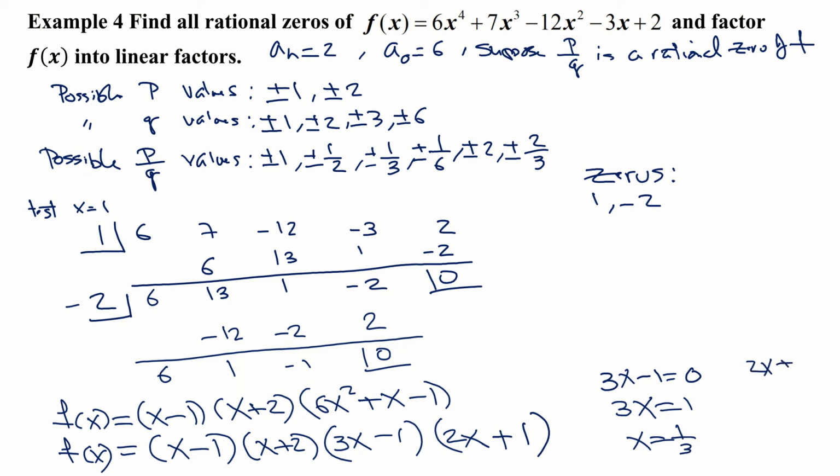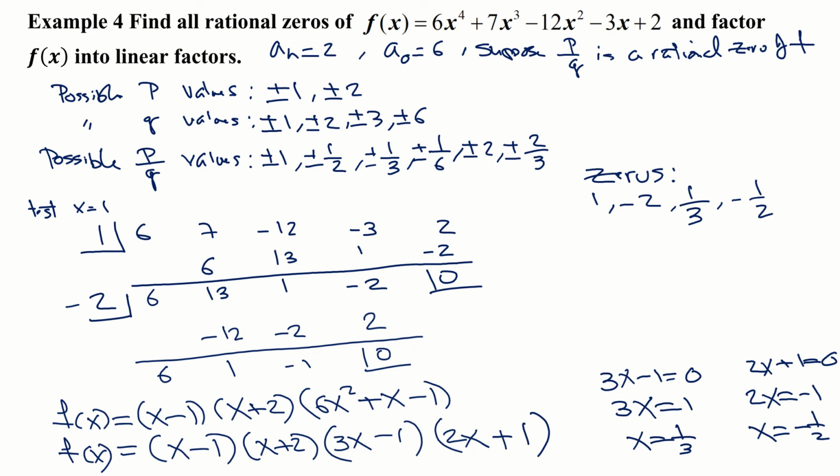And 2x plus 1 equals 0, so 2x equals negative 1, or x equals negative 1/2. So there we have all the zeros of this function. 1, negative 2, 1/3, and negative 1/2.